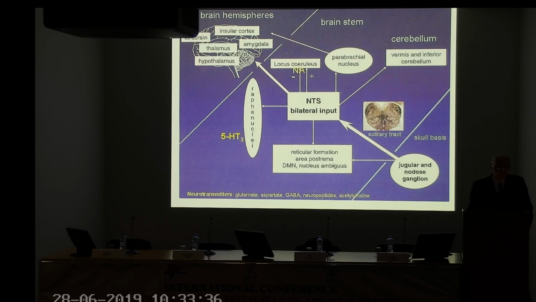The most important one goes to locus ceruleus, and from there goes above the tentorium to the supratentorial structures like thalamus, hypothalamus, forebrain, insular cortex, and amygdala, or to raphe nucleus, to the reticular formation from parabrachial plexuses.